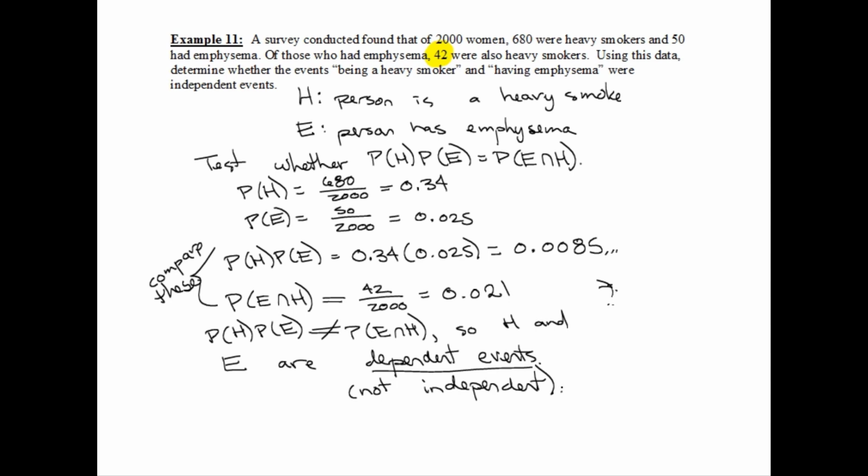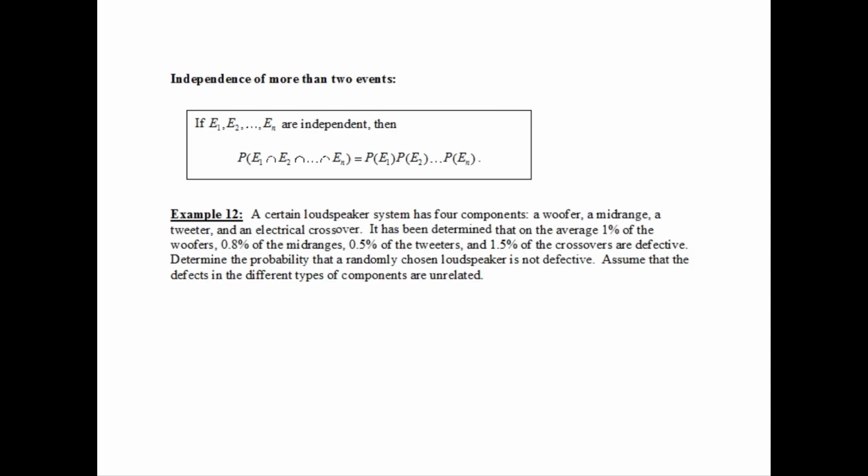Now, our definition, actually our test for independence, can be extended to more than two events. Here we had two events, so we multiplied the two probabilities together and compared with the intersection. But we can actually do this with however many events we want. If we have n independent events, the probability of the intersection of all of those will be equal to the product of all the probabilities.